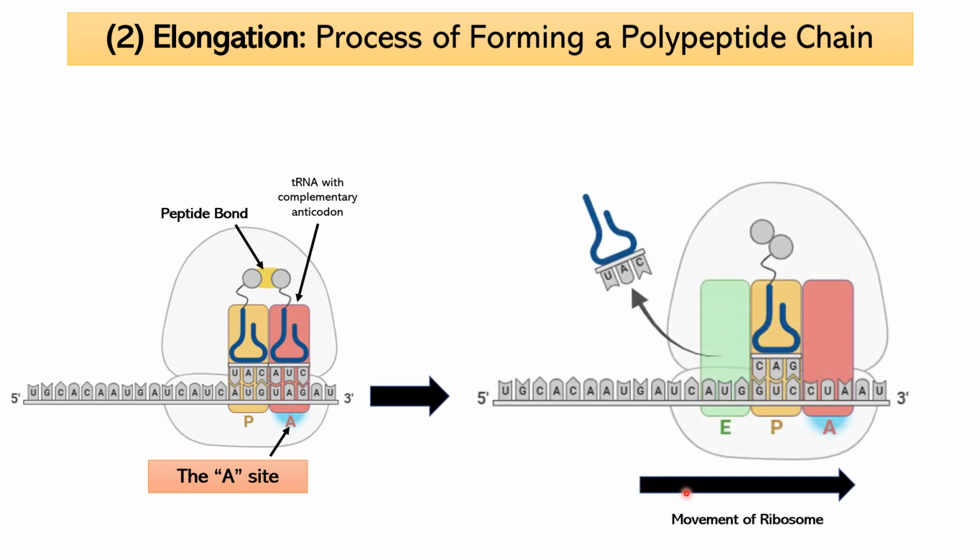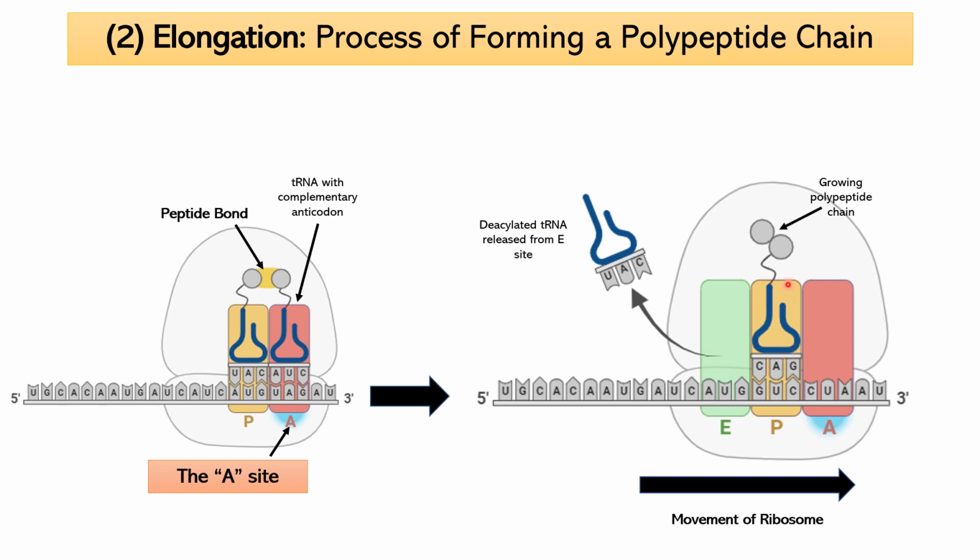As we can see here, this is the movement of the ribosome. Once this tRNA no longer has an amino acid, it will be moved to the E site, or the exit site. Now this tRNA will dissociate from the mRNA, and this is called deacylated tRNA.